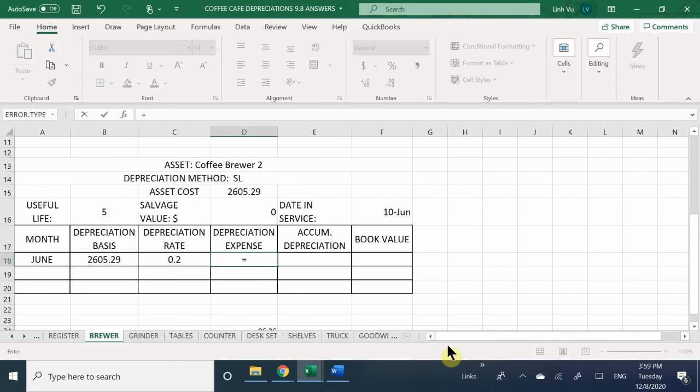And my depreciation expense for the month of June is going to be the depreciation basis times the depreciation rate.